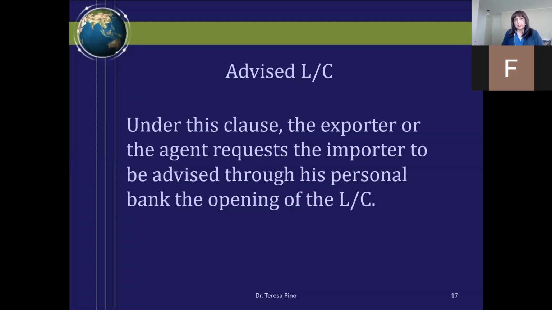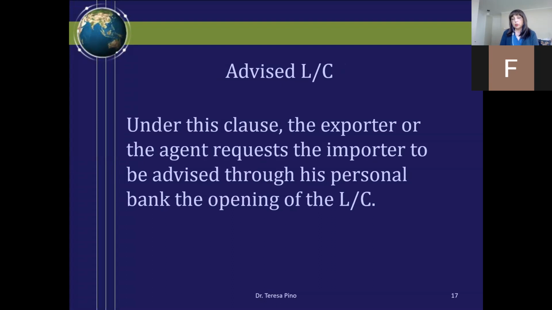Okay, what's an advice letter of credit? An advice letter of credit is when the exporter wants his personal bank to inform him or her that the letter of credit has been opened in his or her favor. But remember that every bank charges a fee.